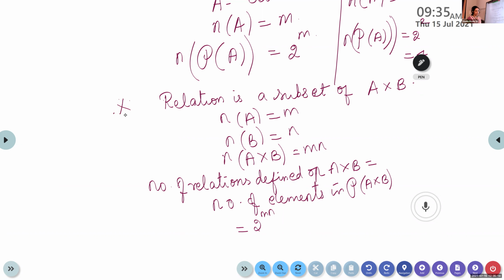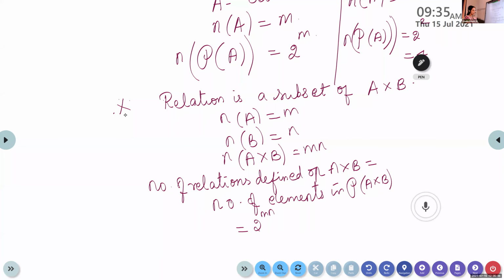I'll repeat it once again. Note it. Relation is a subset of a Cartesian product. If A is a set containing m elements and B is a set containing n elements, then A cross B will contain m into n elements.